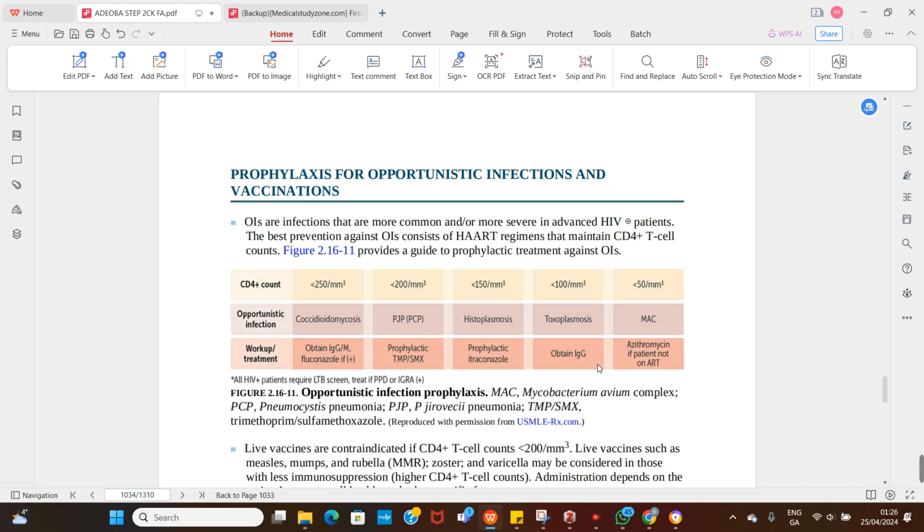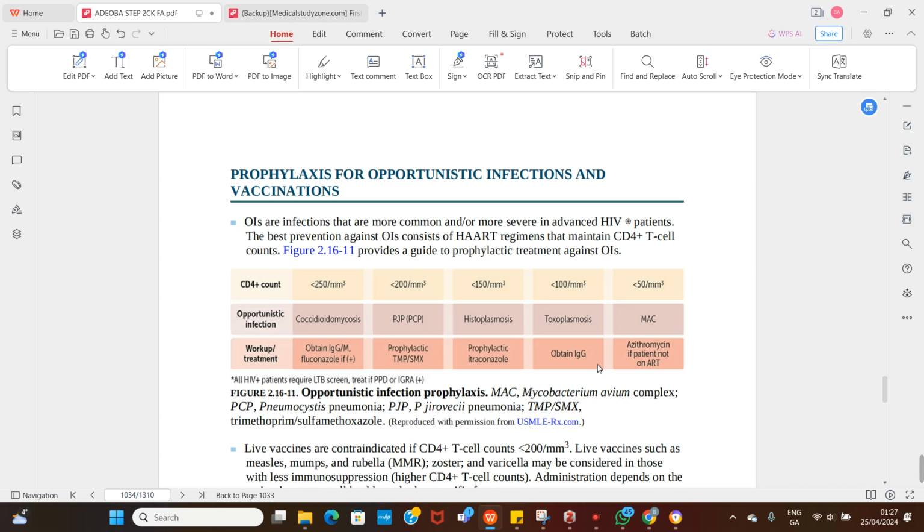But before I move further, to simplify it, the only three opportunistic infections that I know you are just going to base your judgment of giving the prophylaxis solely by looking at the CD4 count are PCP, histoplasmosis, and Mycobacterium avium.